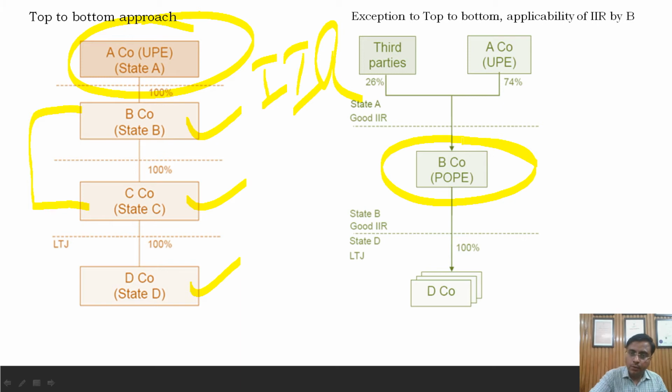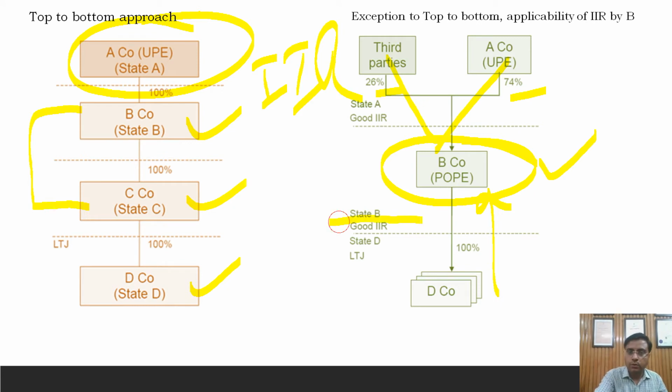Suppose D company is held 100% by B company, and B company has two different ownerships, 26% and 74%. It is suggested that the IIR is best applied by the entity who holds the maximum percentage of this low tax jurisdiction.